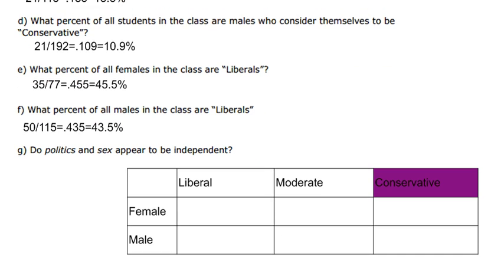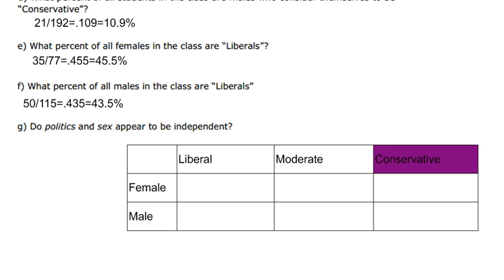So what I'm going to do, and I made a table just to make it a little more clear, is find the conditional distribution for females based on their party preference, and then for males. I've already done this with liberal females. We did 35 out of 77, and that gave us 45.5%.